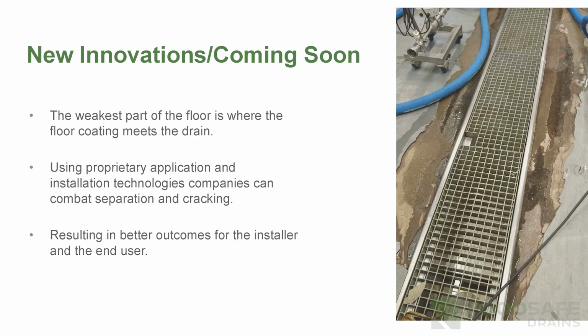One of the biggest problems out there is delamination of floor coatings at drains, and there's a couple of reasons for it. You need to put in a keyway along drains so that, as I mentioned, your floor coating can bond properly to the side of the drain. Now, there is something interesting about stainless steel. It's got a nano oxygen layer on it, which really prevents anything from sticking and adhering.